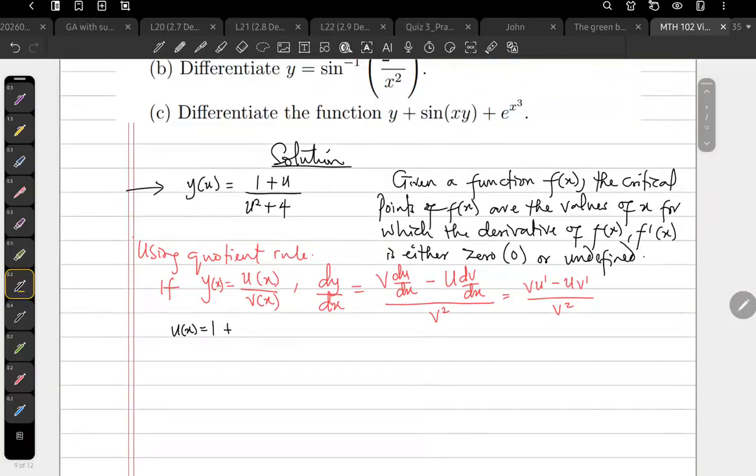This is a bit tricky, so I'm going to change my u to be capital U. So capital U is 1 plus small u, and capital V of u is equal to u squared plus 4.